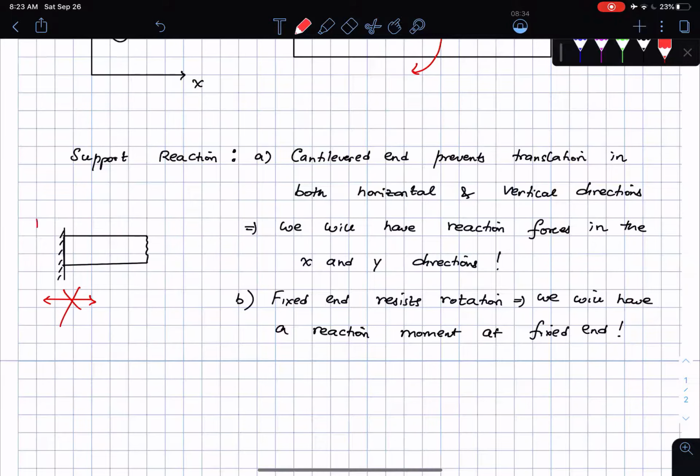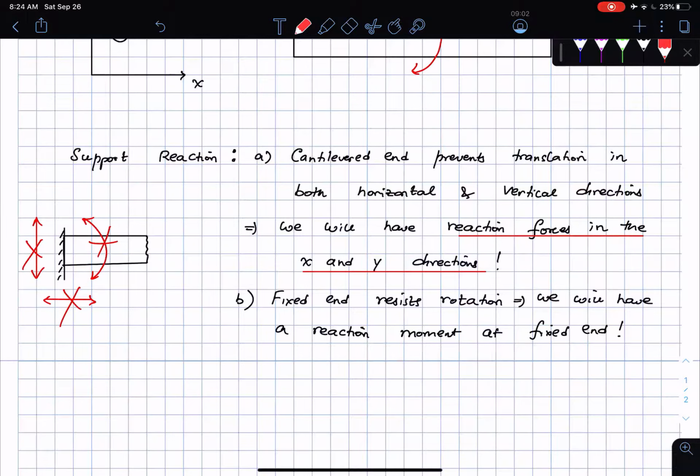If I'm trying to travel vertically, that is also not allowed. If I'm trying to bend this beam this way or that way, the beam, because it is fixed to the wall, is going to resist me from bending. So I'm going to have two reaction forces in the horizontal and vertical directions, the x and the y directions, and I'm going to have a reaction moment at the fixed end.